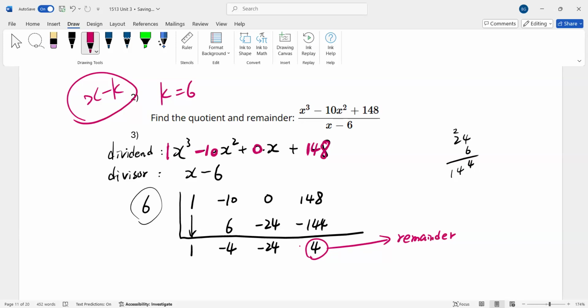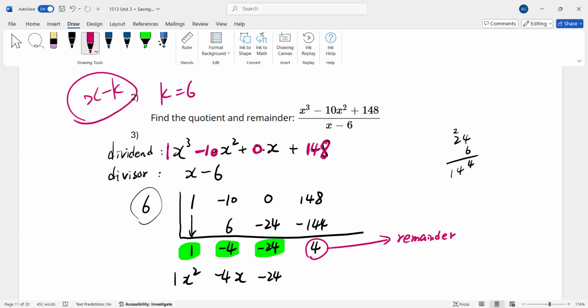And those 3 numbers are going to give us the quotient. It's better to go from right to left. Keep this as a constant. Every time we go to the left, the degree goes up by 1. So this is negative 4x, and it's going to be 1x squared.